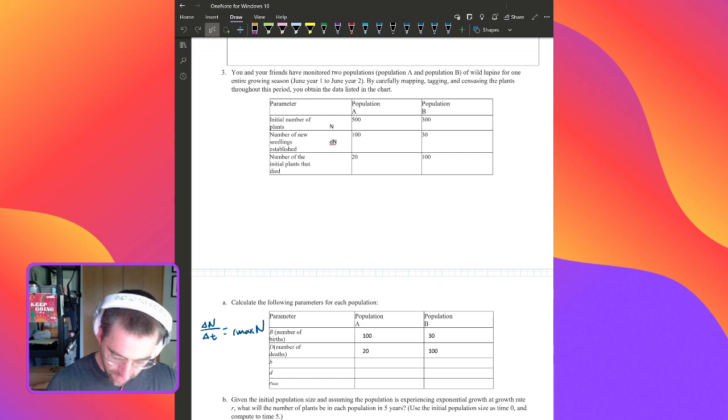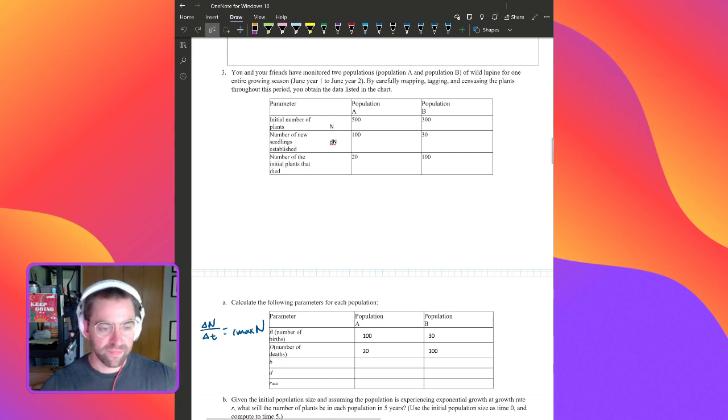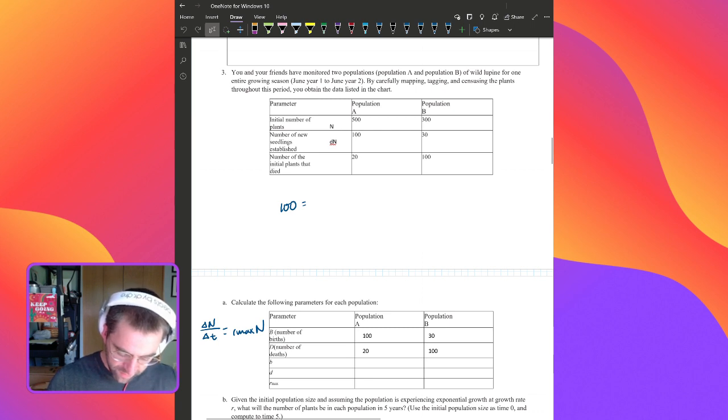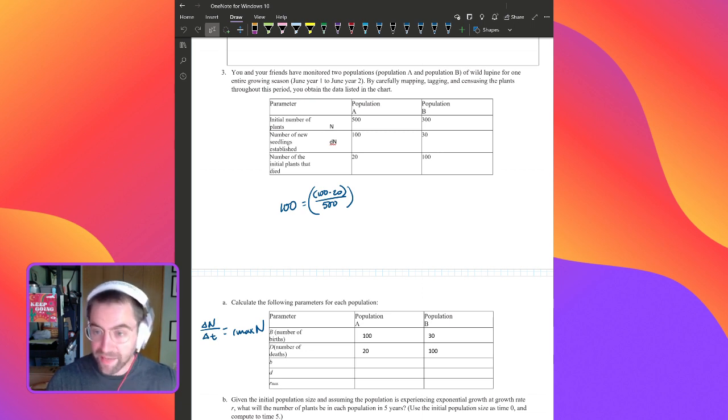Equals R max, so the per capita change in N is going to be, we added 100, we subtracted 20, per 500. And that's our R max times N, which was 500. Let's see if I did this right. Divided by 500 times 500.